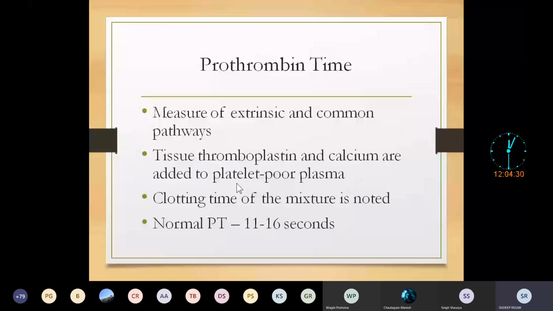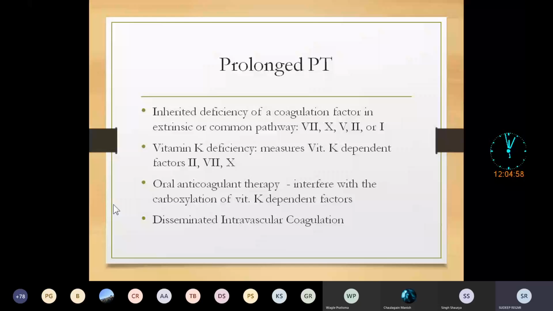So for that we make a platelet poor plasma, and in that plasma we are adding tissue thromboplastin and calcium, and the clotting time of the mixture is noted. The normal prothrombin time is 11 to 16 seconds, and just try to see this again.